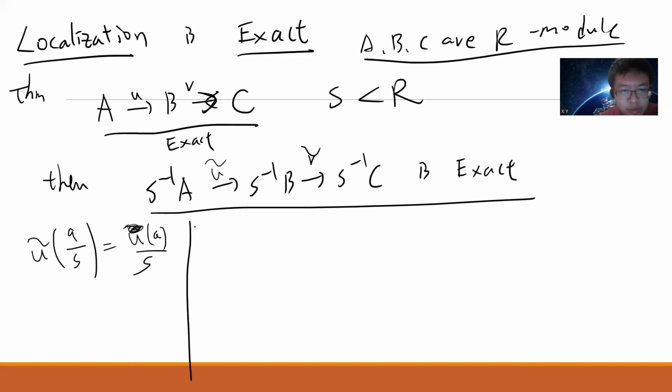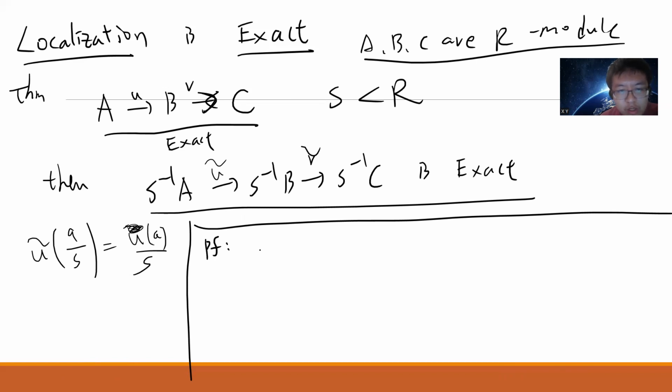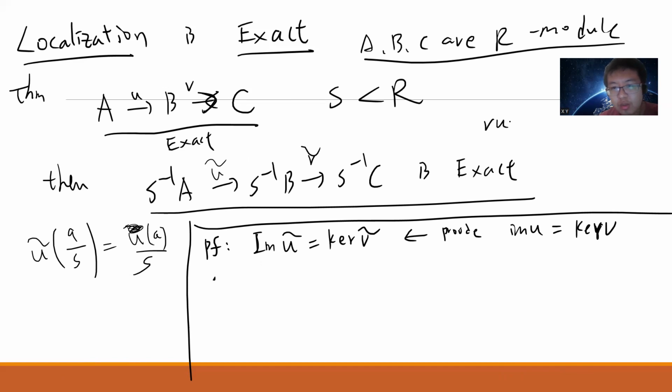So this is the goal we need to prove. This proof is very simple. We need to show that the image of U tilde is the same as the kernel of V tilde, provided the image of U is the same as the kernel of V. It's easy to check, because VU equals 0, so it's obvious that V tilde U tilde is 0.